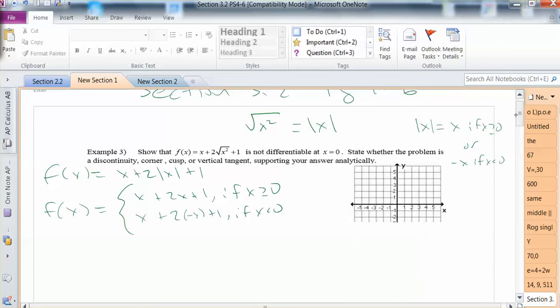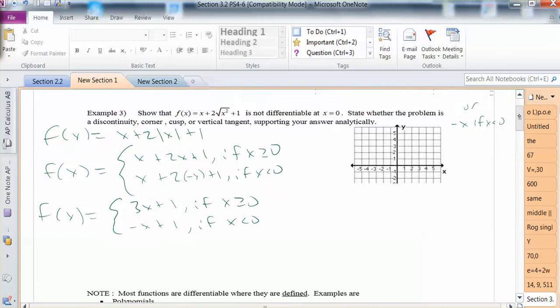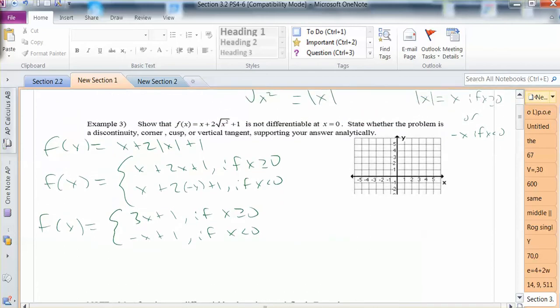If I clean that up, f of x will be 3x plus 1 if x is greater than or equal to 0, or negative x plus 1 if x is less than 0. By the way, the equal sign for 0 doesn't matter. It could be for 3x plus 1 or negative x plus 1, and you'll see in a sec why it won't really matter.